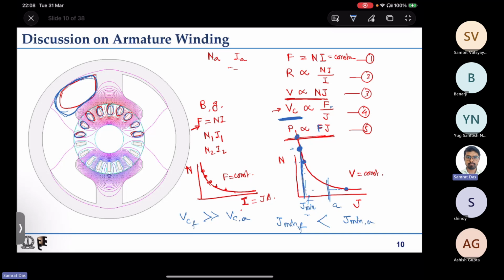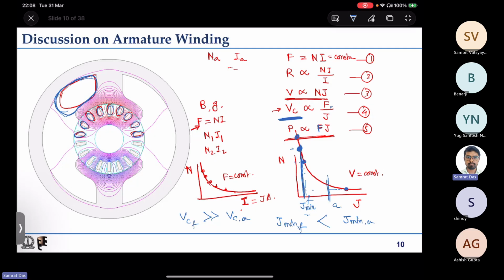Typically that is very low, and if we fill the entire space with copper, then we have higher efficiency, basically lower losses in the field winding. So this is a good enough point to choose for field winding.